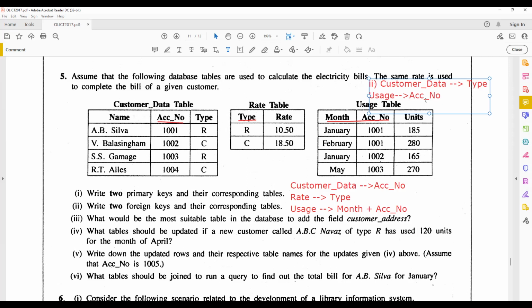Right, third one. What would be the most suitable table in the database to add the field customer address? If you were to add a new field customer address, which table are you going to use? Yes, Amasha?